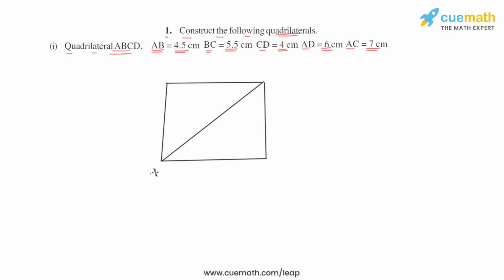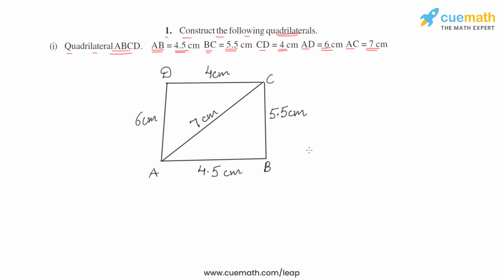So A, B, C and D. AB is 4.5 centimeters, BC is 5.5 centimeters, CD is 4 centimeters, AD is 6 centimeters and AC is 7 centimeters.